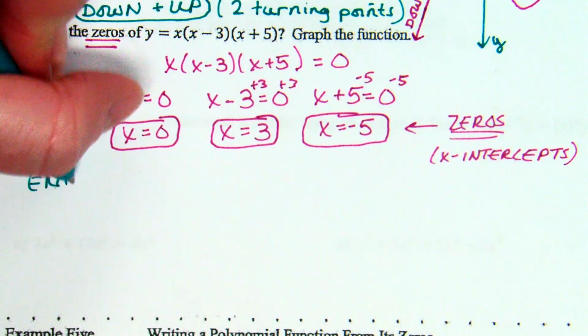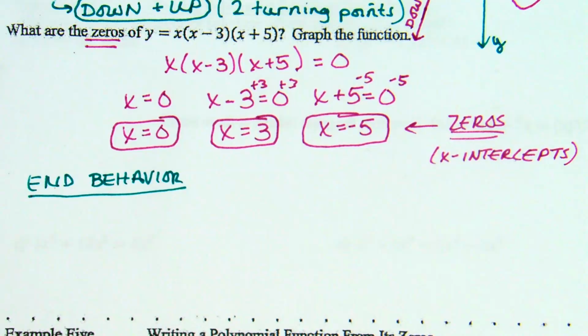What about end behavior? Is anything going to be different than the last problem with end behavior? If I multiply this out, what's going to be that highest power? Well, x times x here would be x squared, but then you'd also have this x.